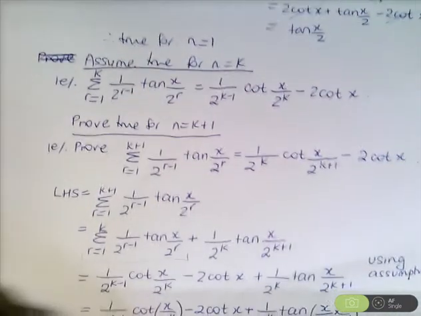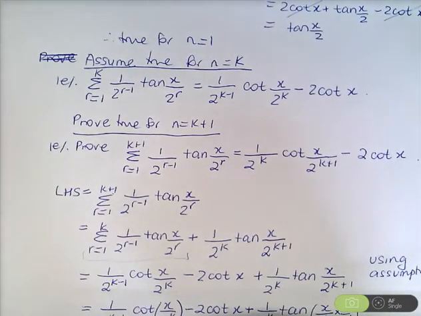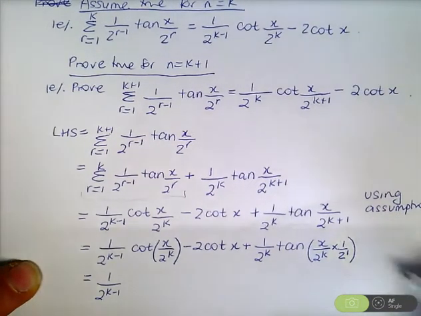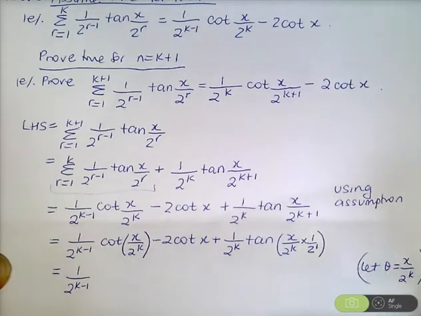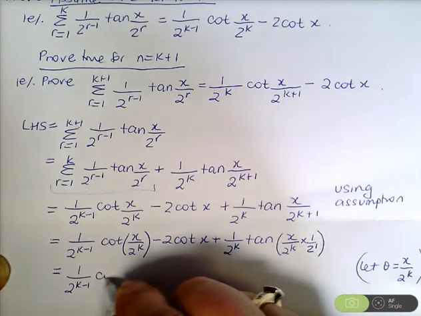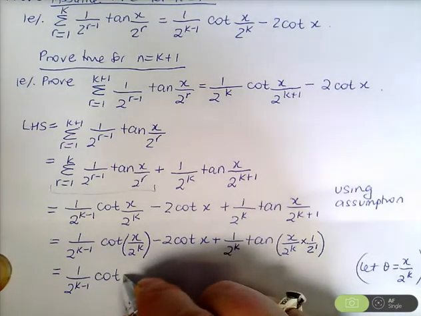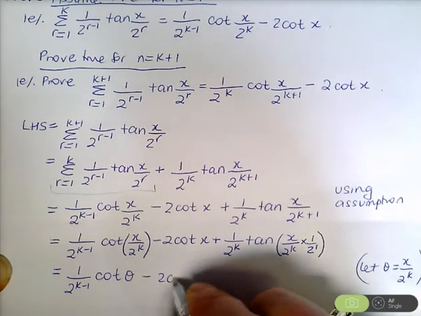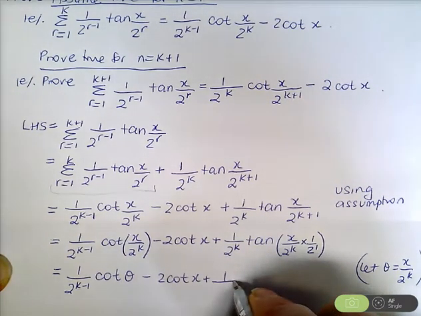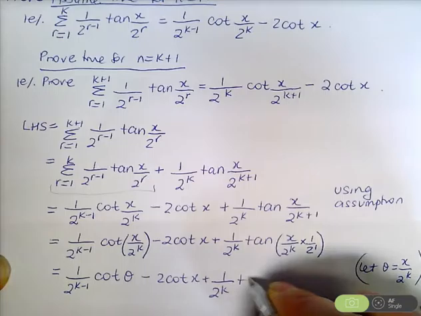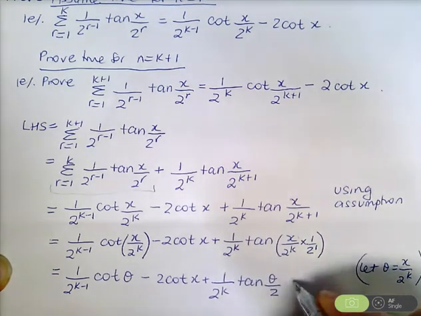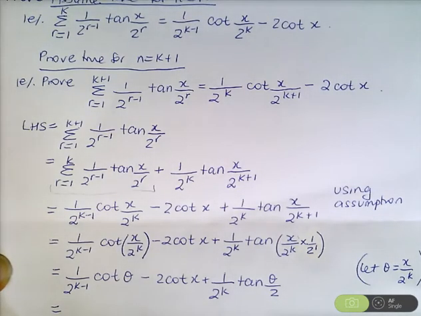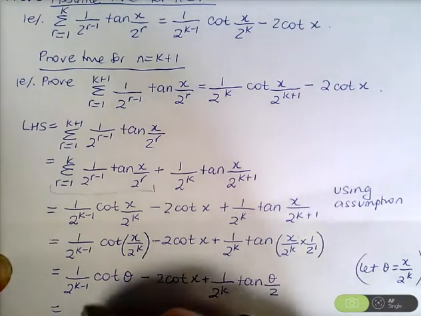Because if we look down here, if we let theta equal x over 2 to the power of k, this will become 1 over 2 to the power of k minus 1 times cot theta minus 2 cot x plus 1 over 2 to the power of k times tan. Now this bit's theta, theta times a half is theta on 2.